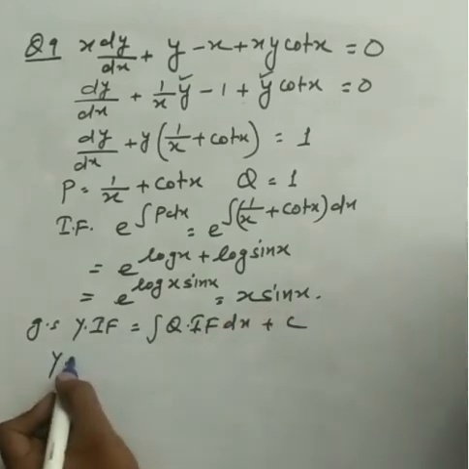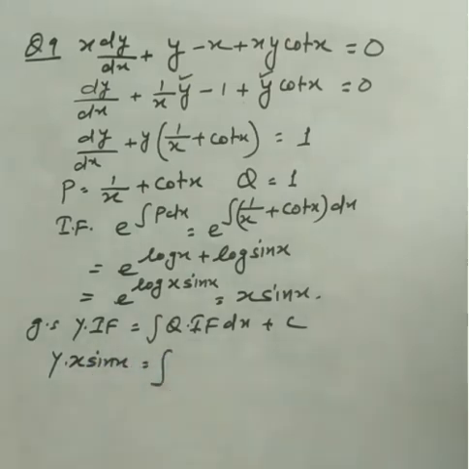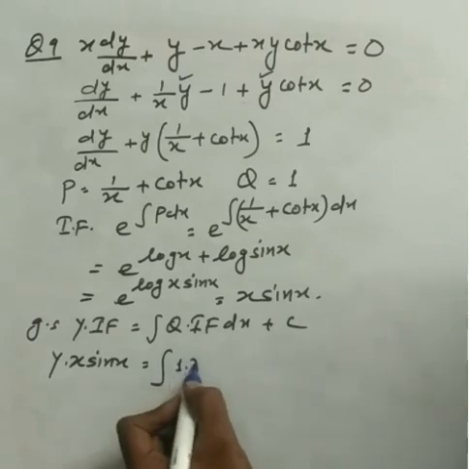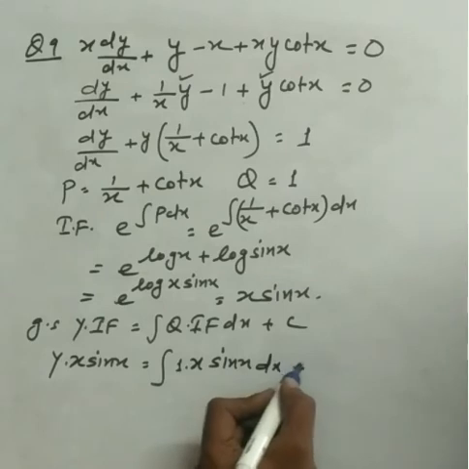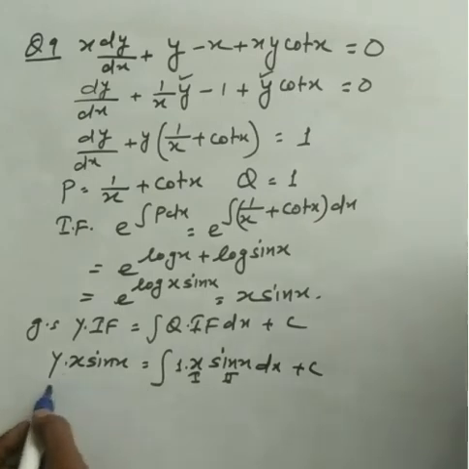Y into IF is x sin x. Integration of q is 1 and IF is x sin x, dx plus c. This is first function and this is second function.